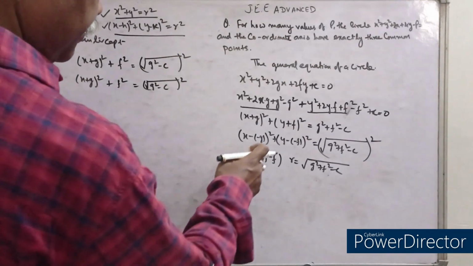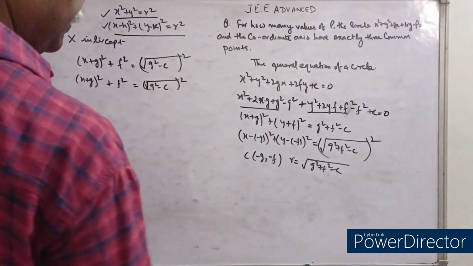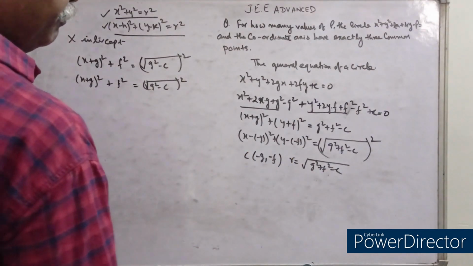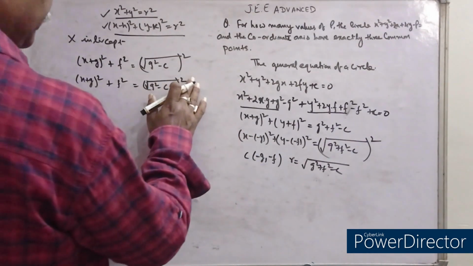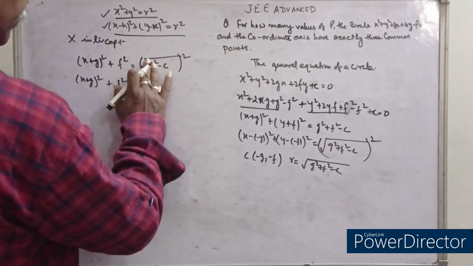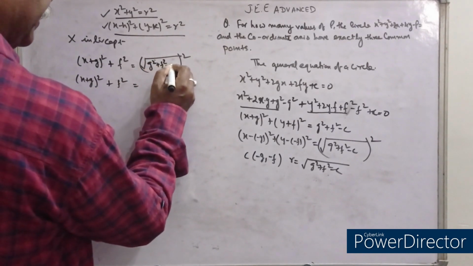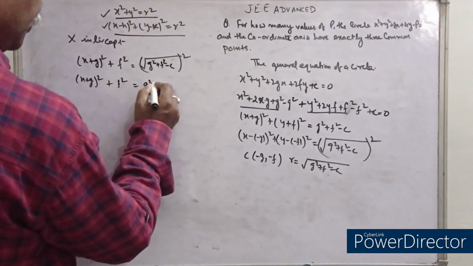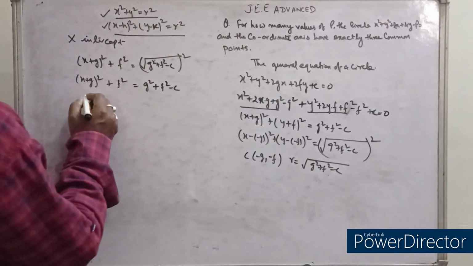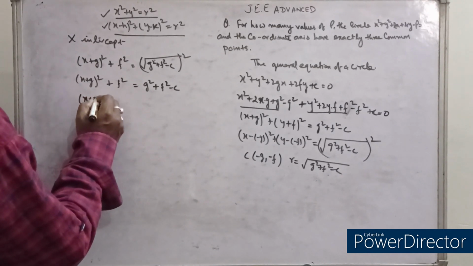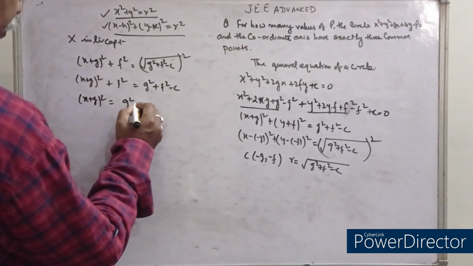If the x-intercept, that means y is 0, so this will be f square, and this will be g square plus f square minus c. So your x plus g the whole square will be g square minus c.